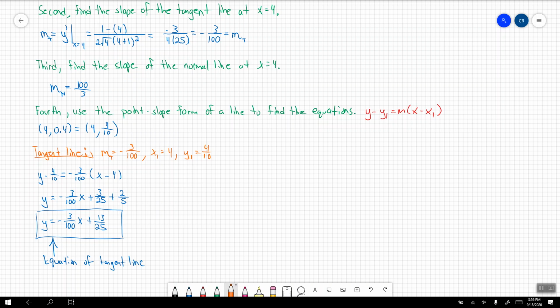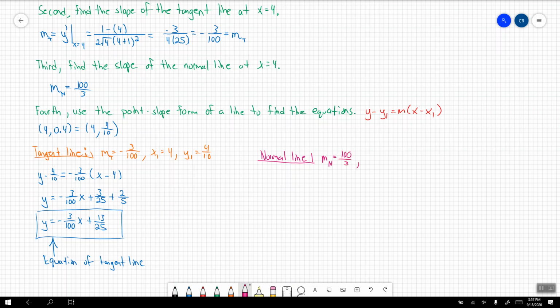Okay, let's work with the equation of the normal line. All right, so equation of the normal line. I know I'm going to be using the slope of the normal line, which we found, which was 100 over 3.